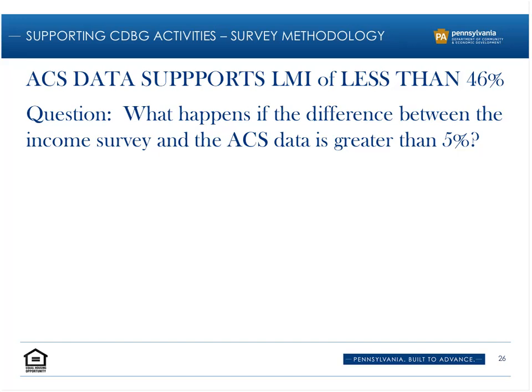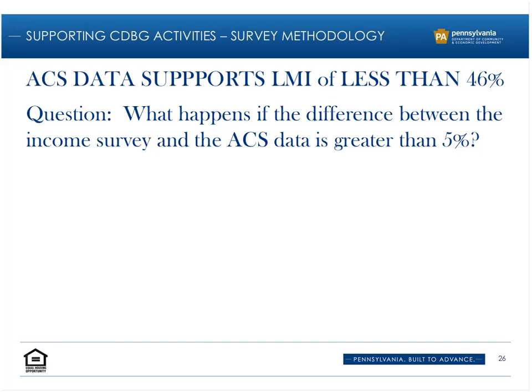What's happened since then that would support a large jump, and when we say a large jump, more than 5 percentage points to get to 51% or more total population being low and moderate income.